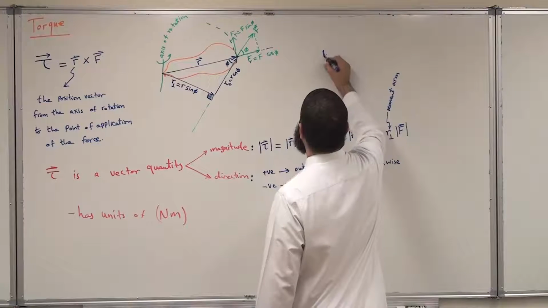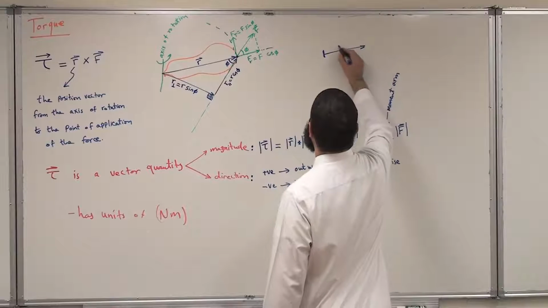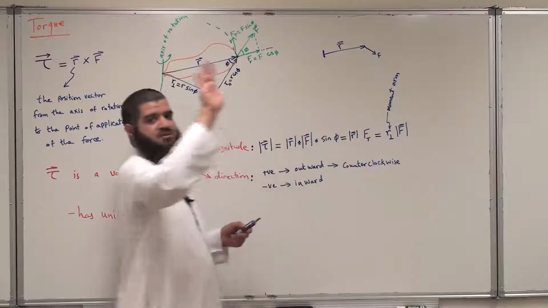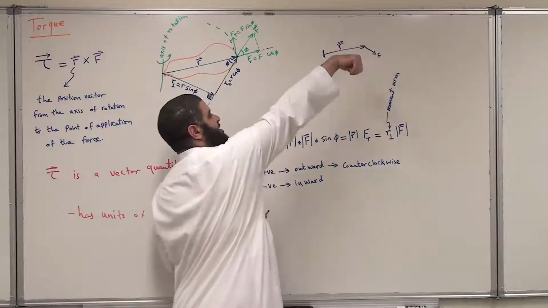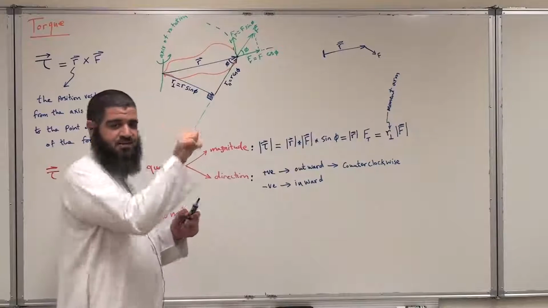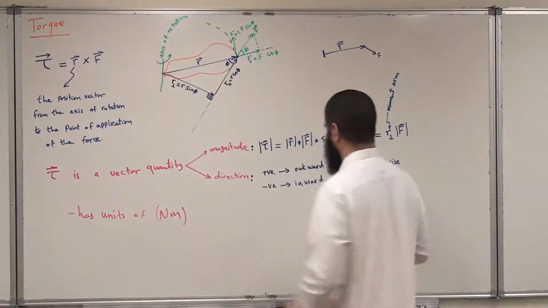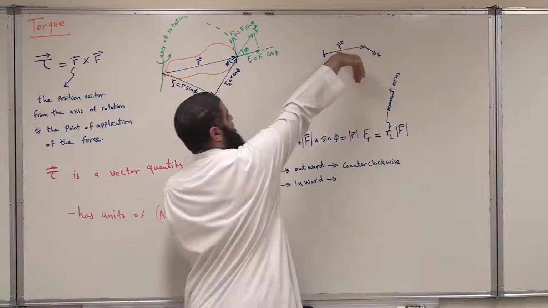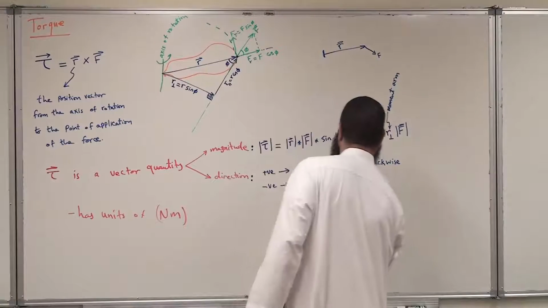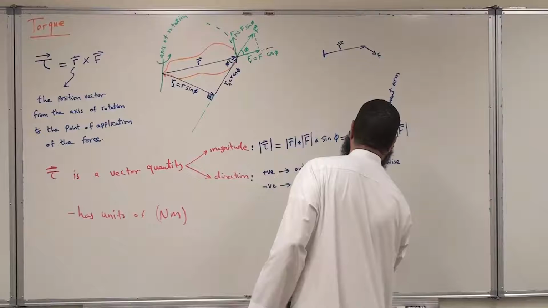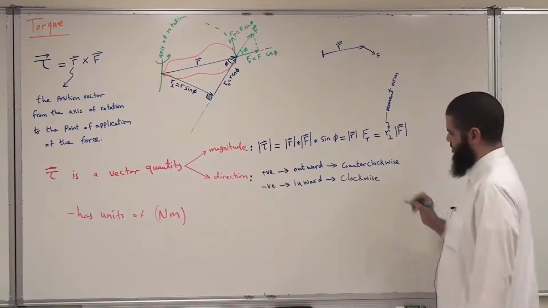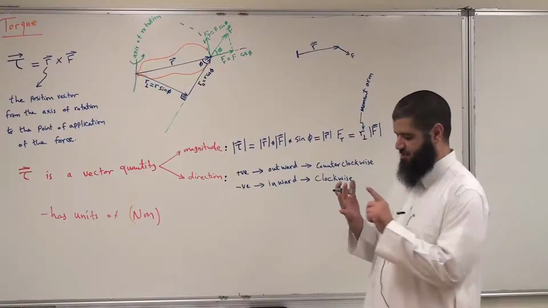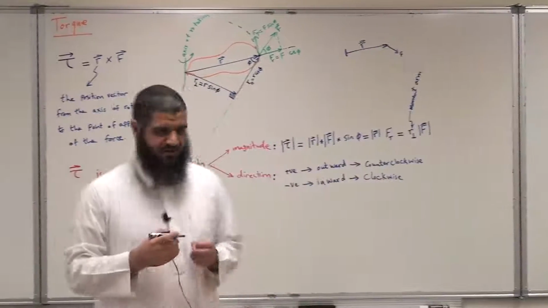If this is my axis of rotation, this is my R vector, and this is my force, you use the right-hand rule. R cross F will give you inward. So this inward will result in negative torque, or as you can see, this product gives me clockwise torque or clockwise rotation, so it will be negative. The same terminology which we used for omega and alpha.